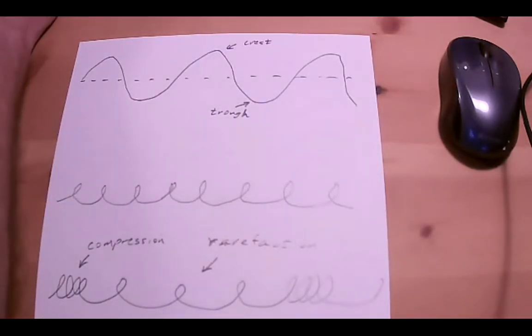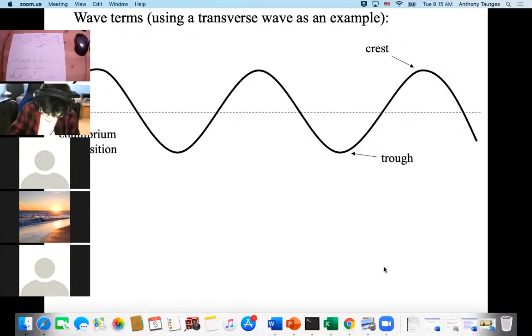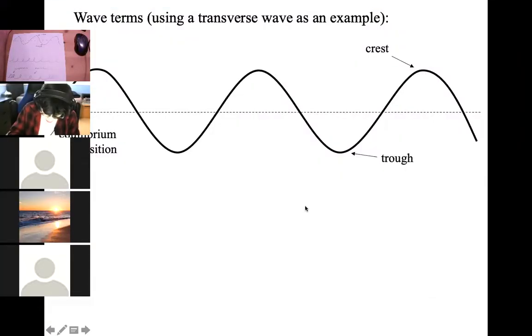We'll share the screen again. Let me get back into my PowerPoint. Now, we can talk about the distance from one crest to another crest, and that is the length of one complete wave, and we call that wavelength.